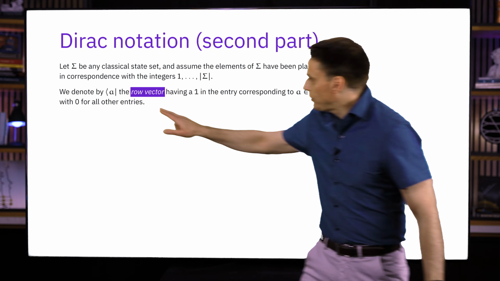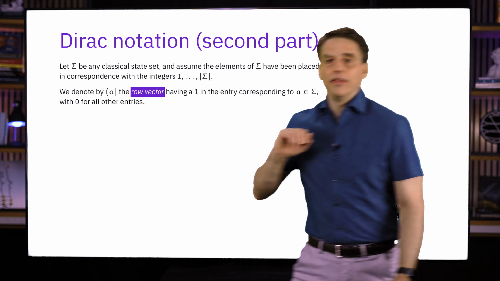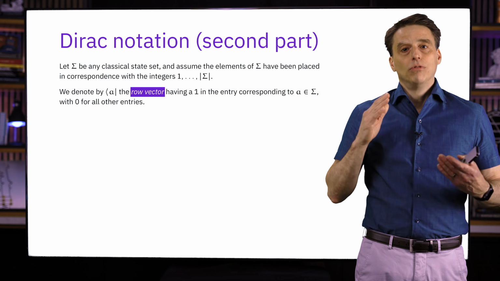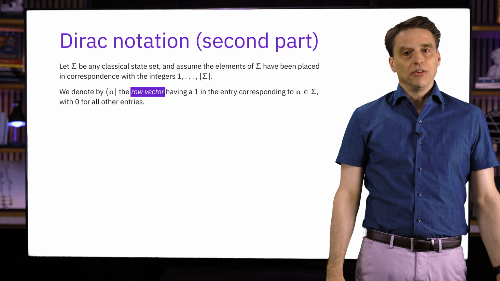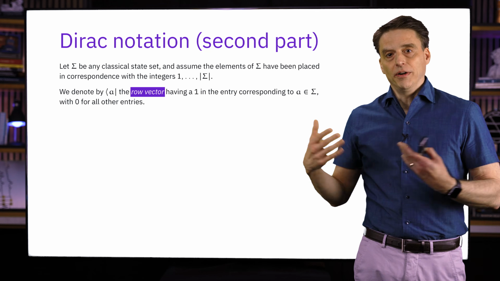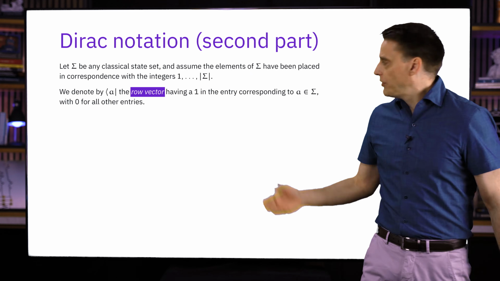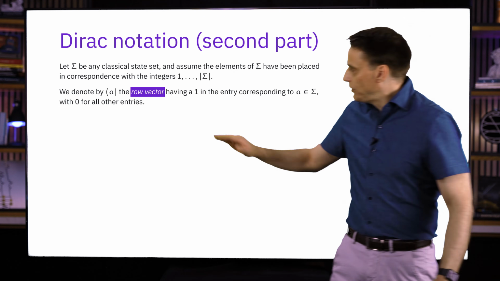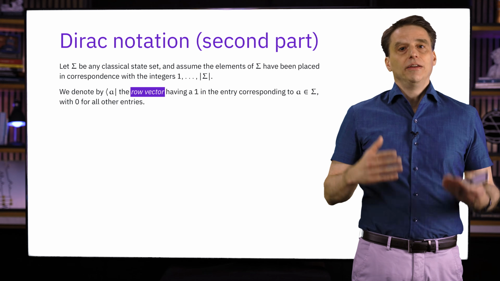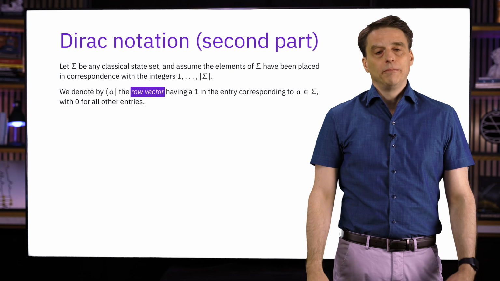We then write this thing that you see right here, where this time the angled bar is on the left rather than the right, to mean the row vector, having a 1 in the entry that corresponds to A, and a 0 for all of the other entries corresponding to all the other classical states. So the difference between this thing and ket A is that this is a row vector and ket A is a column vector, but otherwise the vectors are defined in a similar way.